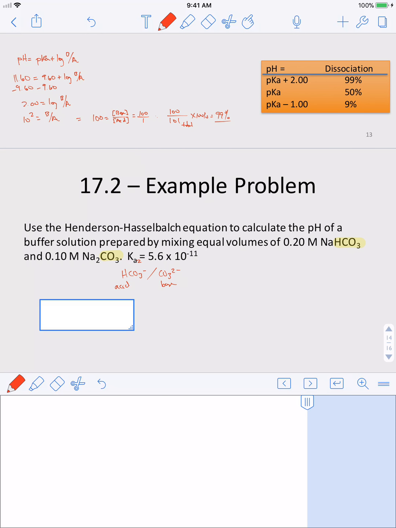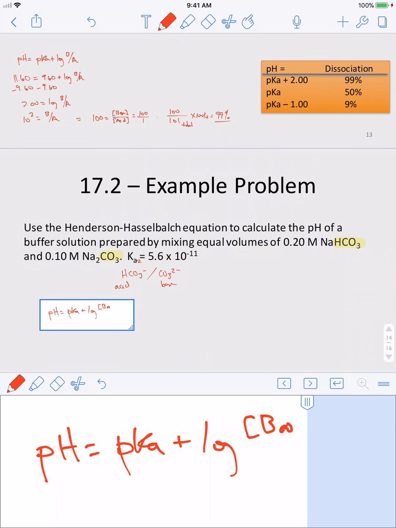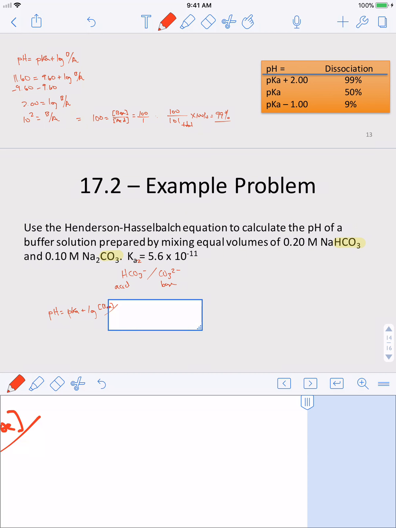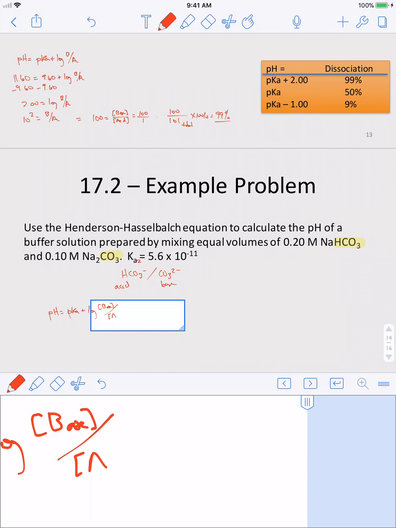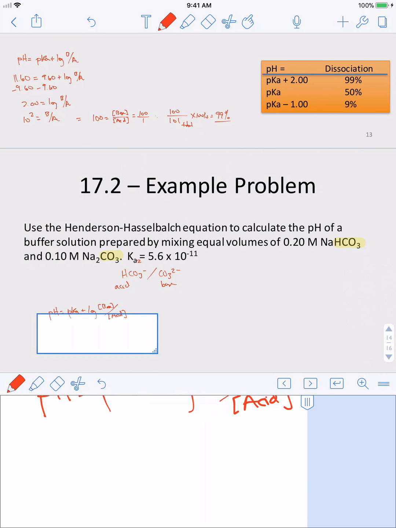And so what we're going to use is Henderson-Hasselbalch. We know we have a combination of a weak acid and a weak conjugate base. So we're going to use Henderson-Hasselbalch here. pH equals pKa plus log of the concentration of base over the concentration of acid. All right, so pH, that's what we want to calculate.